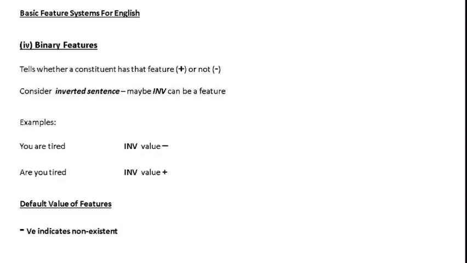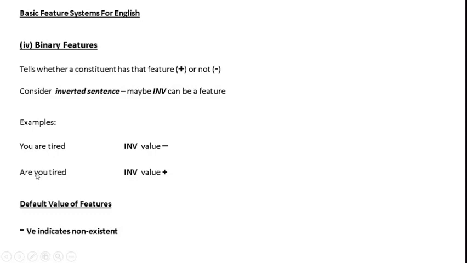So here we have an example: you are tired. Here the subject is you, and it is actually preceding the verb, right? So it is a normal sentence. If you are considering inversion as a feature here, there is no inversion. It is a proper sentence in the subject predicate structure. So the INV feature value is negative, or that feature is not present here.